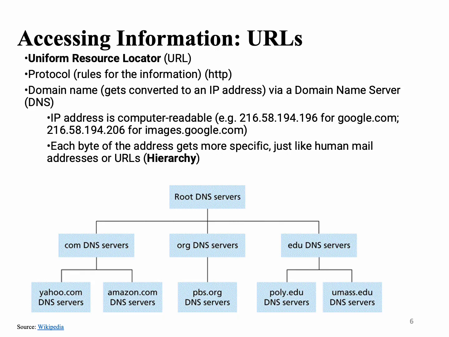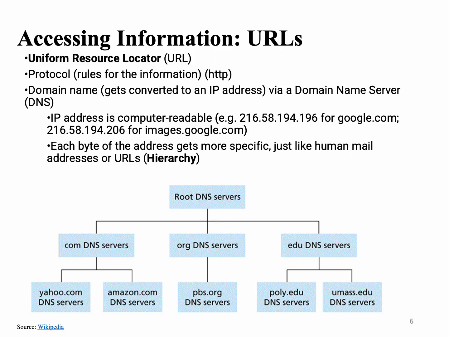So we access information using URLs, which stands for Uniform Resource Locator. The protocol for how that information gets sent is via something called HTTP. And let's think a little bit about what's actually being sent.